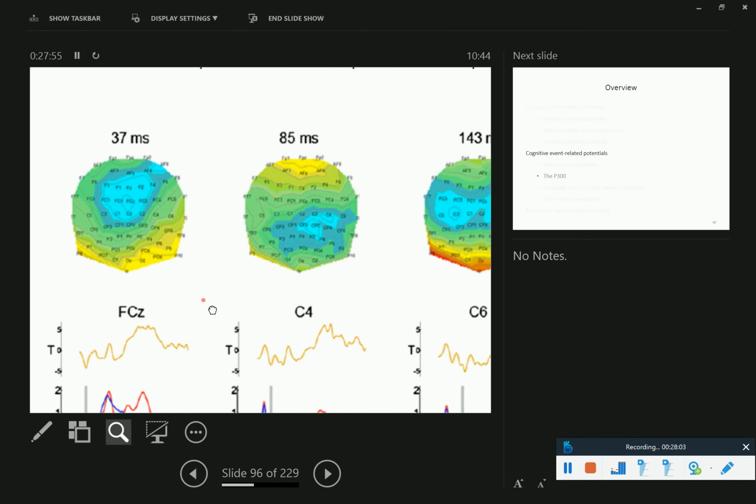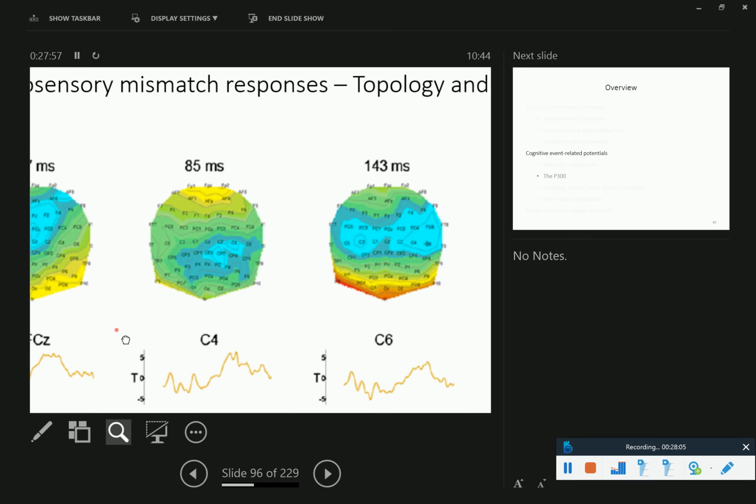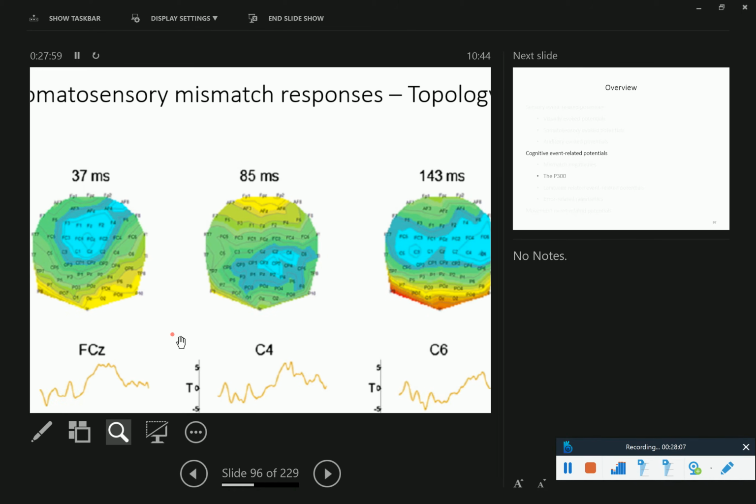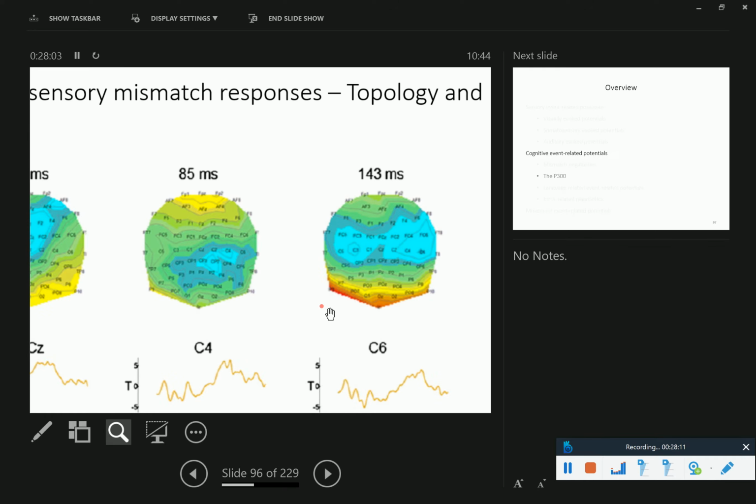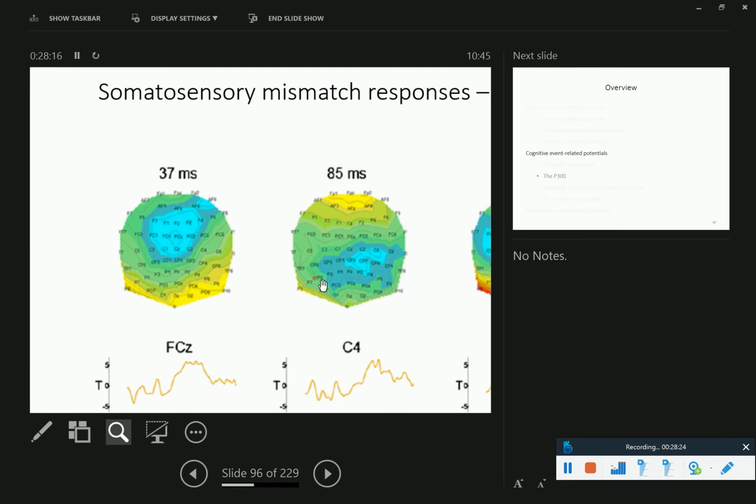So this is why I later called this whole thing the mismatch response, not the mismatch negativity, because people get quite sensitive about these things. If you say I have a mismatch negativity, then everybody has in their mind 150 milliseconds to 250 milliseconds. And then if you say, oh, look here, I have a mismatch negativity, they will be like, wow, that's 85 milliseconds. That cannot be a mismatch negativity. That's something else. You did something horribly wrong.